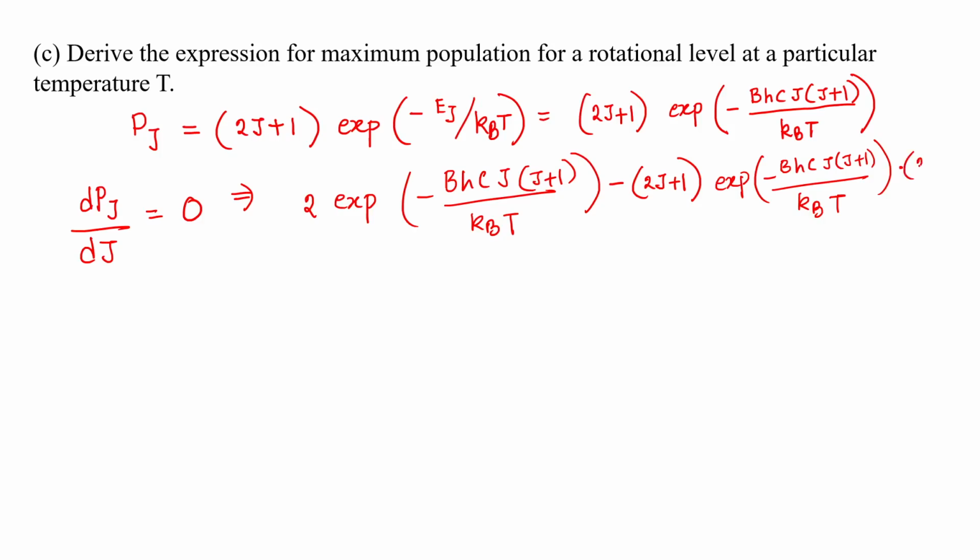So it is effectively 2J plus 1 squared, and that would be equal to 0. Now my exponential term cannot be 0, right? So I can take it as a constant and I will write it as 2 minus (2J plus 1) squared.